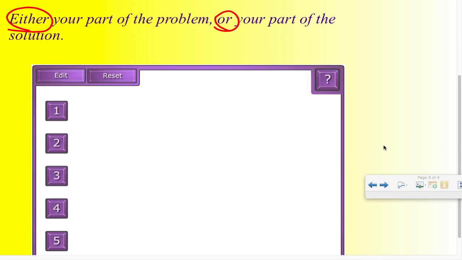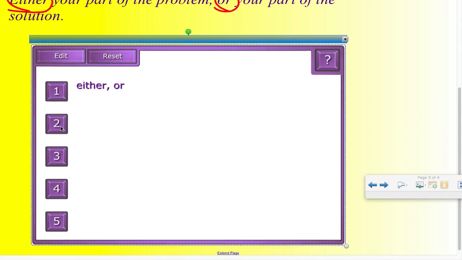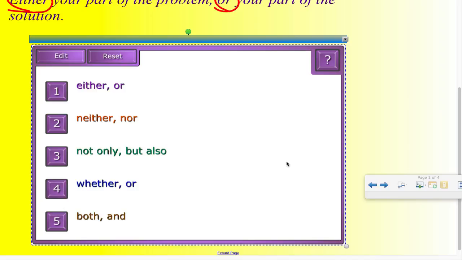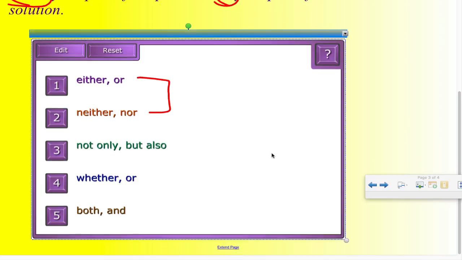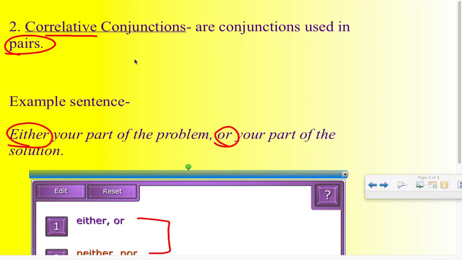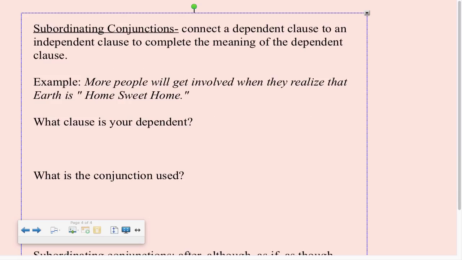And then you can find either or and neither nor, not only but also, whether or, and both and. Either or and neither nor, these are probably the two most popular. Not only but also would be the third. But those are correlative, conjunctions that are used in pairs.